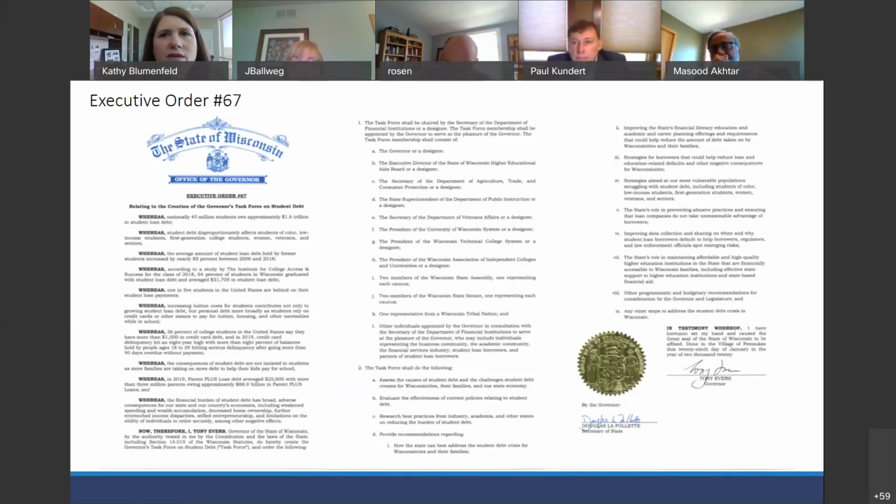So at the end of this process, we can come up with a set of recommendations for Governor Evers in time to get included in the next biennial budget. We also have great representation, bipartisan representation from our legislature here. And we know that we have the ability. This is not a polarizing issue.